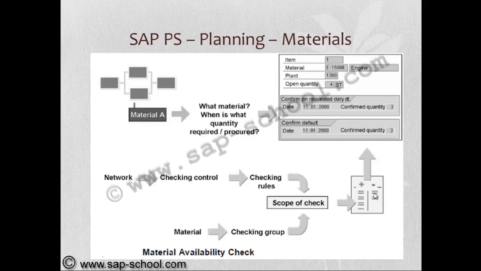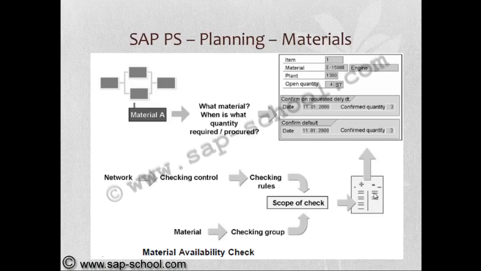Now if you see here, what material, when, and what quantity is required or procured. This is the checking rule function. In the network type, we'll assign the checking control. In the checking control, we assign the checking rule. Checking rule and checking group is a combination with the scope of check also.